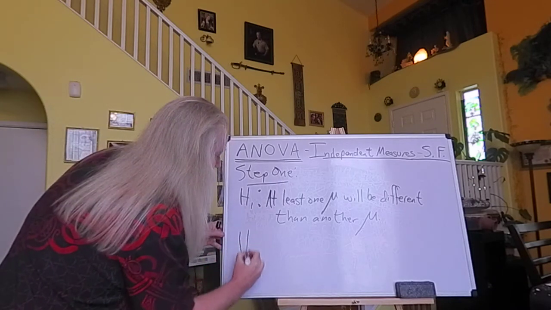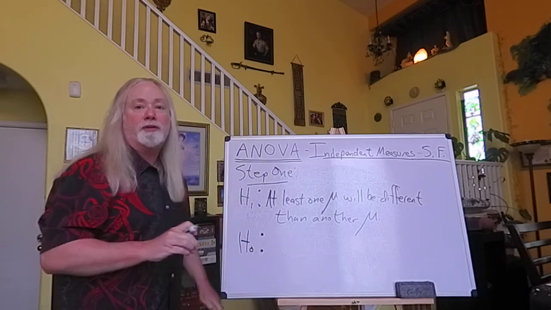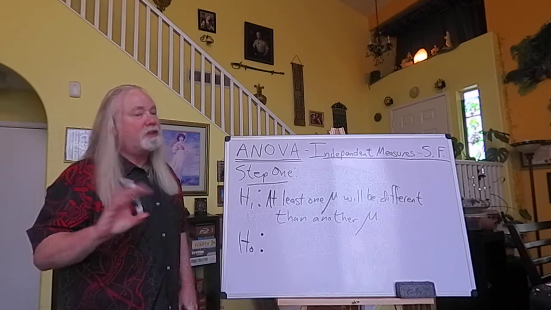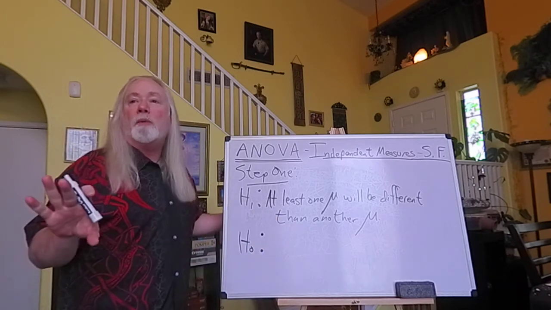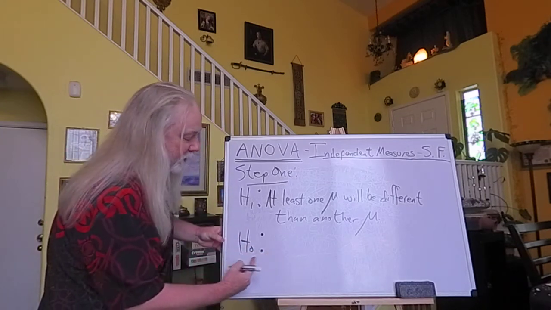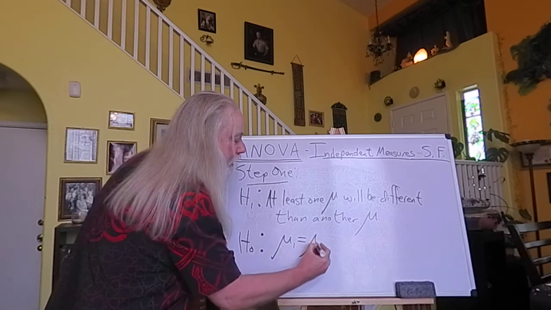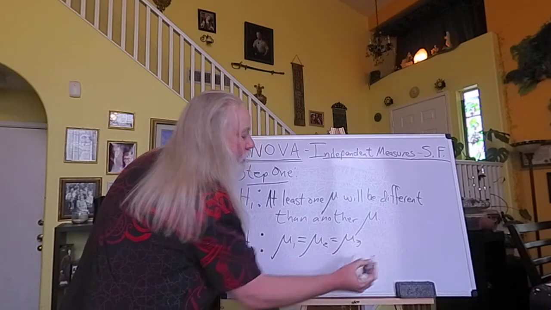For our null hypothesis, we can go back to our regular format of symbols. Or, again, some of you are preferring writing it in English language. That's fine too. But in symbols, remember the null says that the treatment won't have any effect, so all the groups will be the same. So here the null hypothesis is treated population mean 1 will equal treated population mean 2, which will equal treated population mean 3.